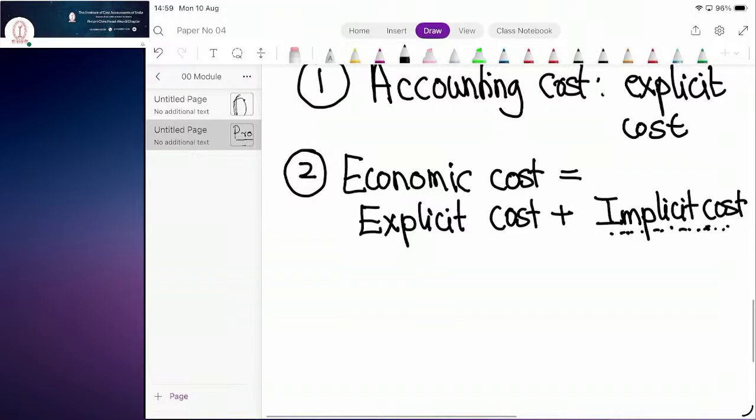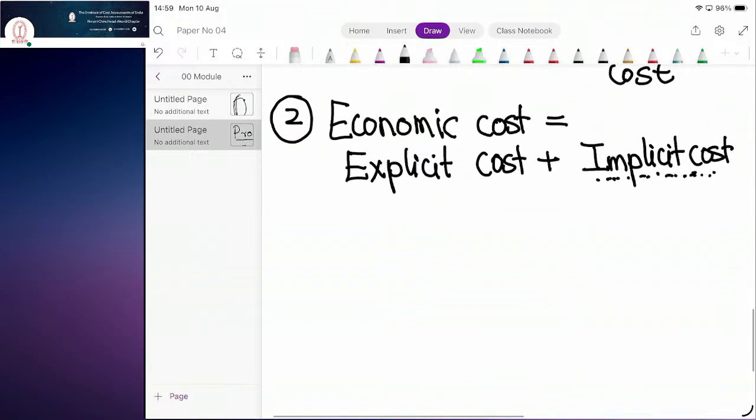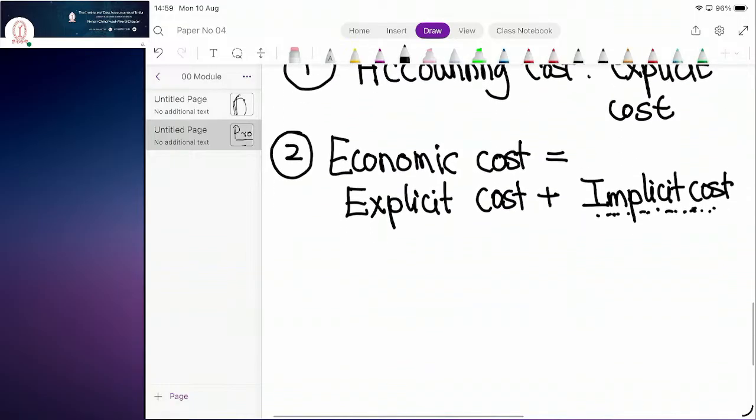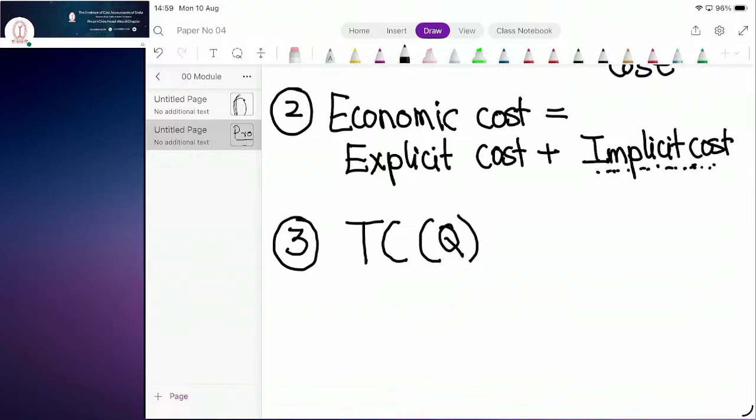And we had seen some examples also of how to calculate implicit cost. Okay, then we have seen one of the most important accounting equation, which is your total cost is a function of this, called a total cost function. TC of Q is called the total cost function.